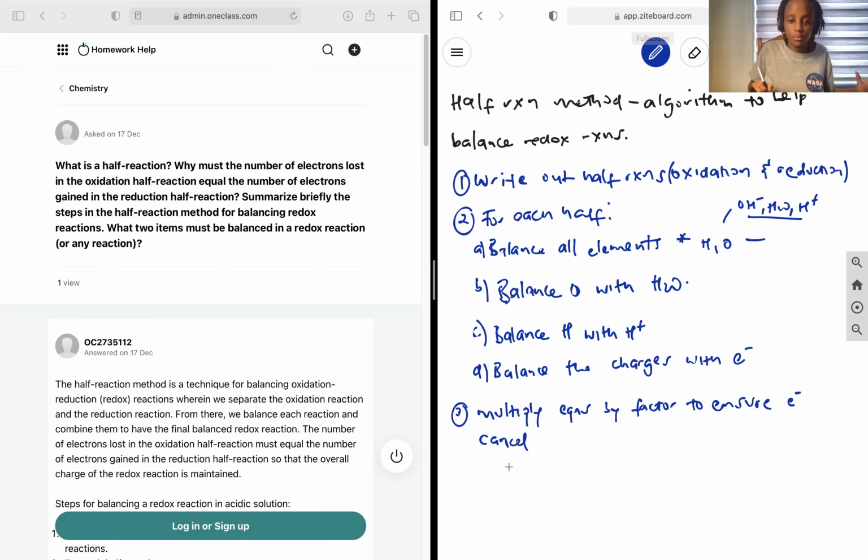Next up, we will simplify. So you add the two equations back, and simplify by canceling anything that appears on both sides of the forward reaction sign.